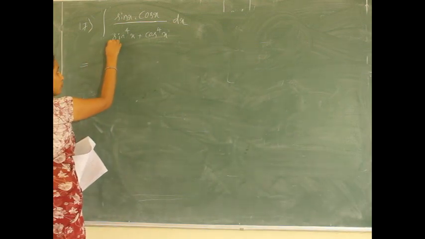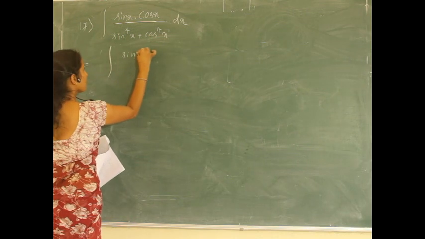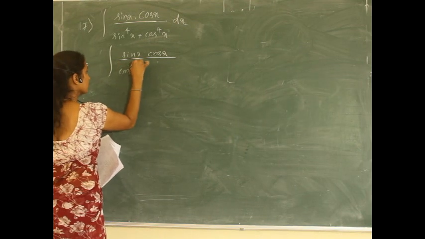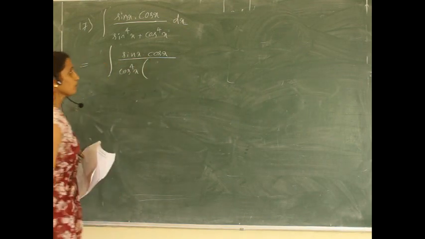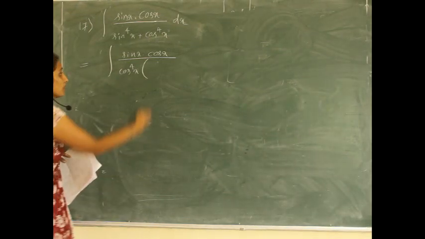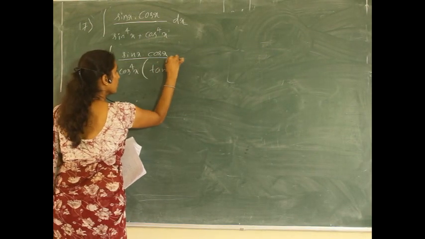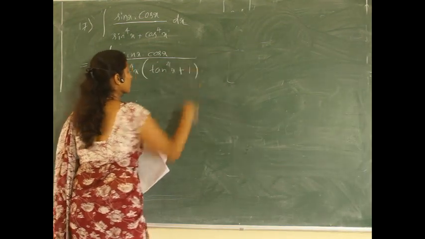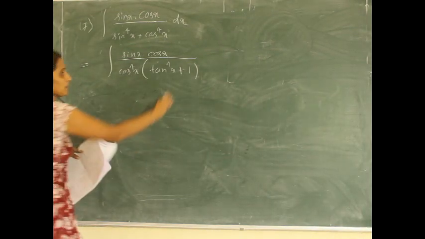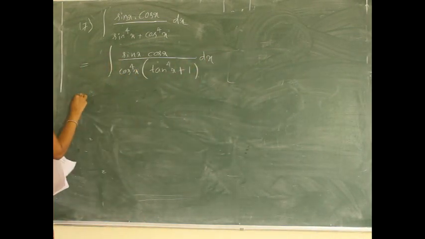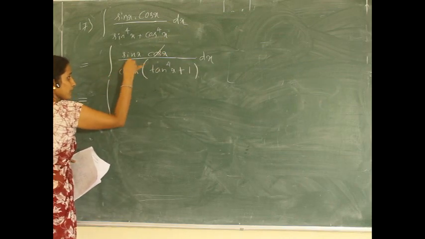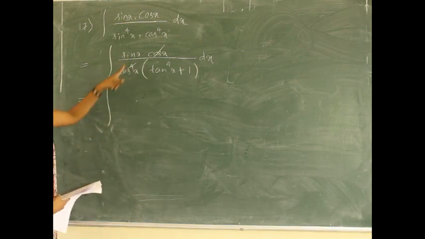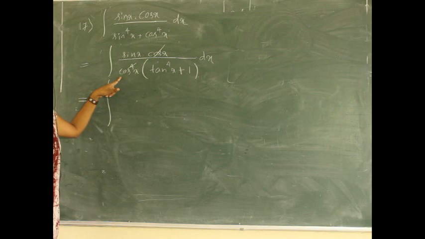So when we take cos power 4x outside, the integral becomes sin power 4x divided by cos power 4x, so that is tan power 4x, plus 1, into dx. Now one cos can be cancelled, and sin x divided by cos cube x will remain.